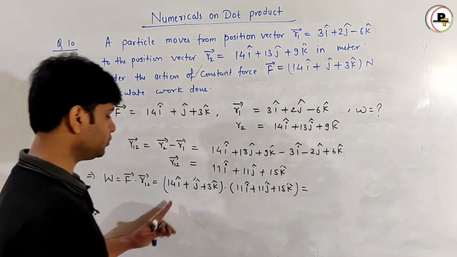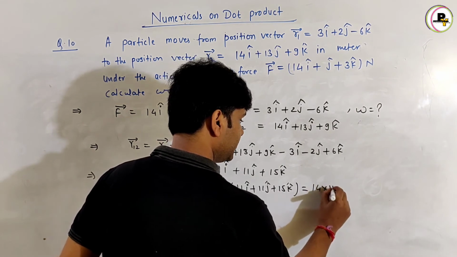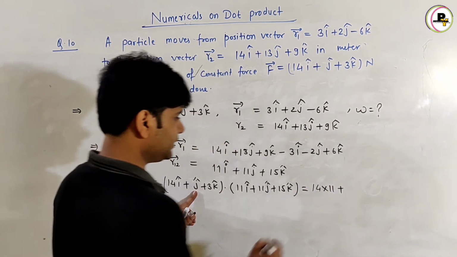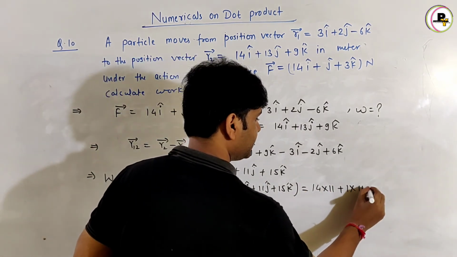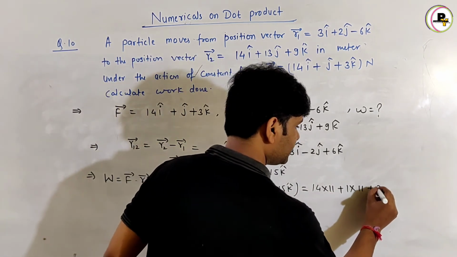This is equal to ax bx, that is 14 into 11, plus ay by, that is 1 into 11, plus az bz, that is 3 into 15.